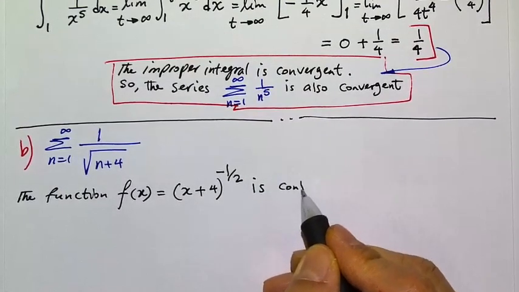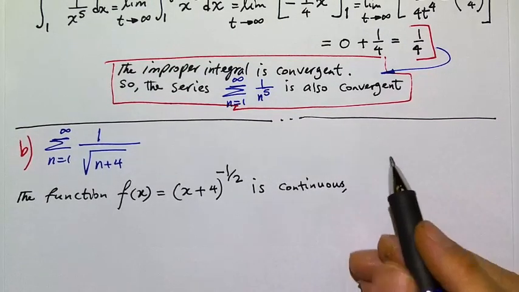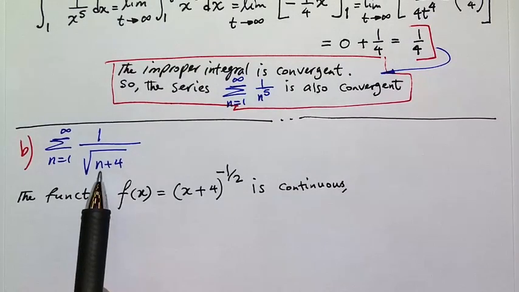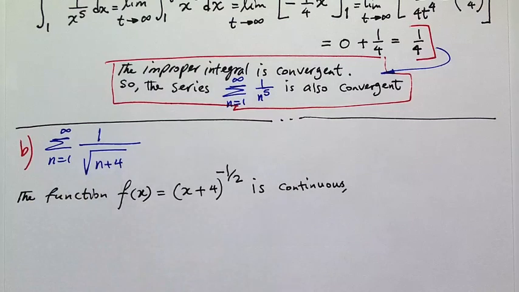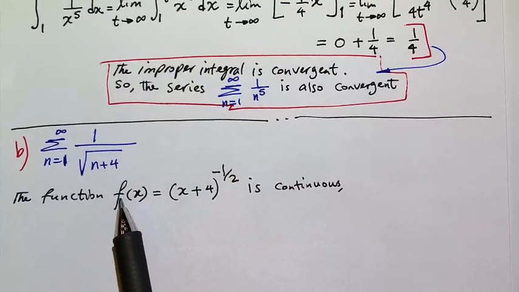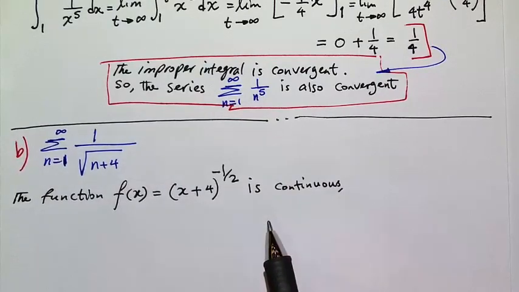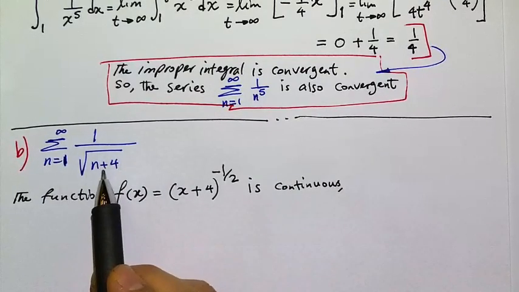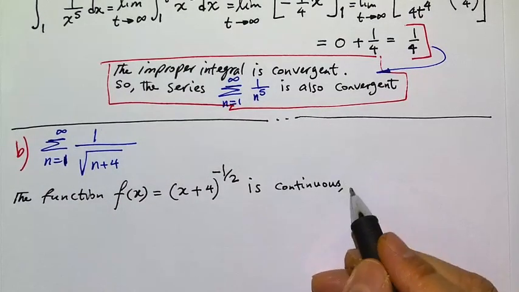And that's because over this interval, this denominator is never 0, or negative. So we don't have to worry about any of those cases that would make this function undefined or discontinuous. So we know it's going to be continuous over this interval. And we know this denominator is always going to be positive. The numerator is positive. So this is also going to be positive.